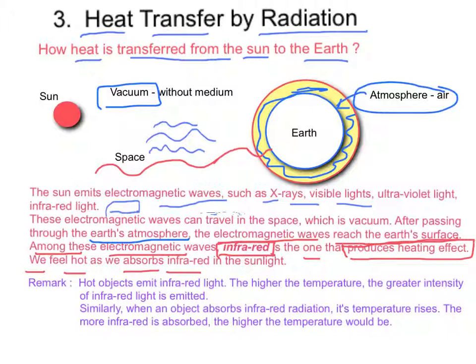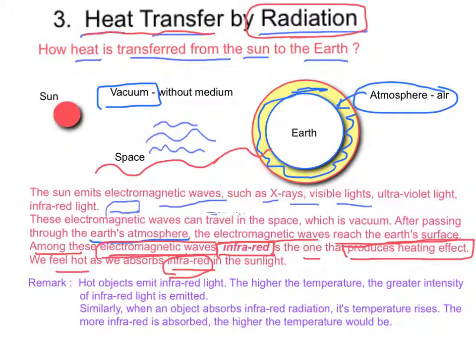The heat transfer by infrared, which is a kind of electromagnetic wave, is called heat transfer by radiation. I repeat, the heat transfer by infrared light is called heat transfer by radiation.